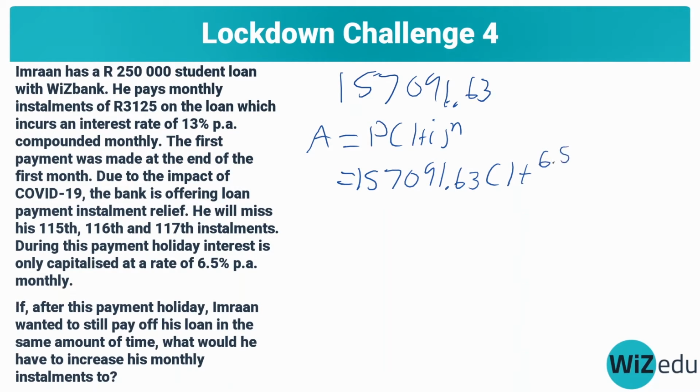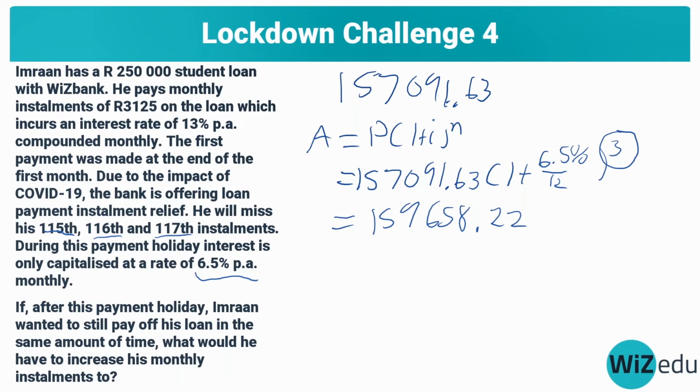In this case, our interest rate is 6.5% because we are told that they've given a break or reduction or a discount, if you like, during these 3 months. And our n is 3 because we're missing 3 installments here. If you punch that into your calculator, you're going to get the answer of 159,658.22. So that's the value of the loan after 117 months.